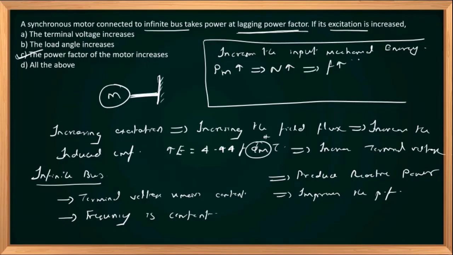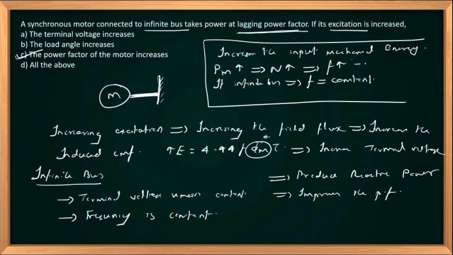But as you know, in this question, it is given that it is connected to an infinite bus. So if it is connected to an infinite bus, frequency should be constant.